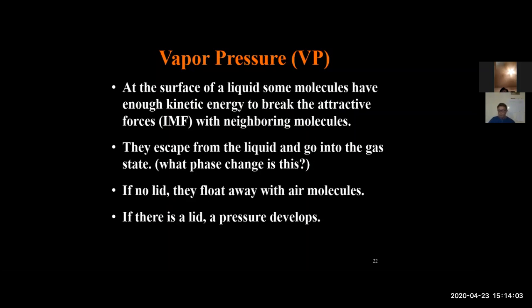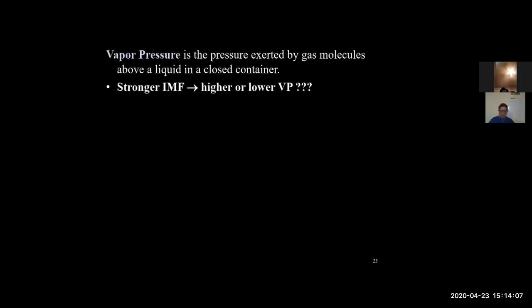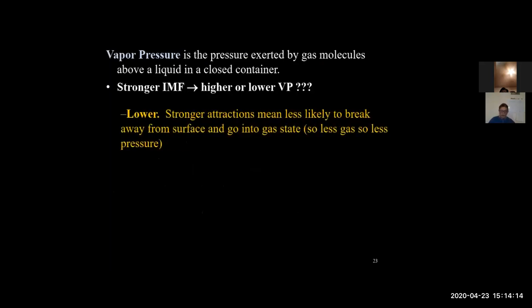You take the cap off a soda drink, it's going to get flat because the vapor is going to evaporate. So if you have strong IMF interactions, you're going to have lower vapor pressure, because fewer molecules will be allowed to get into the vapor phase.